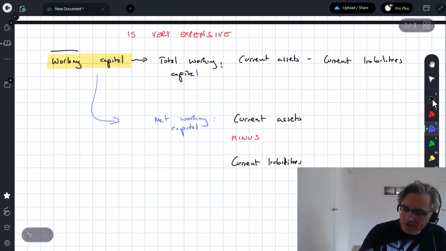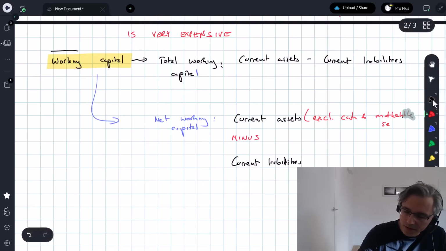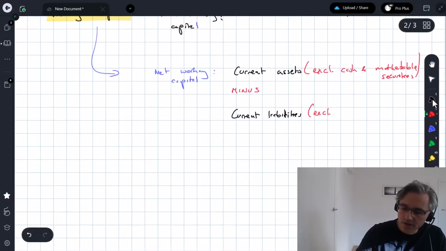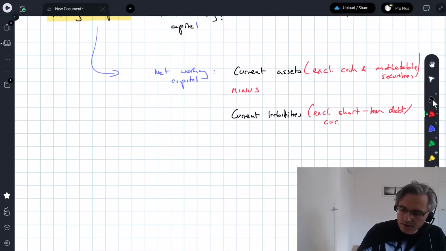There are certain exclusions. So current assets would be excluding cash and marketable securities. And within current liabilities, we also make some exclusions. So this is excluding short-term debt or current debt.